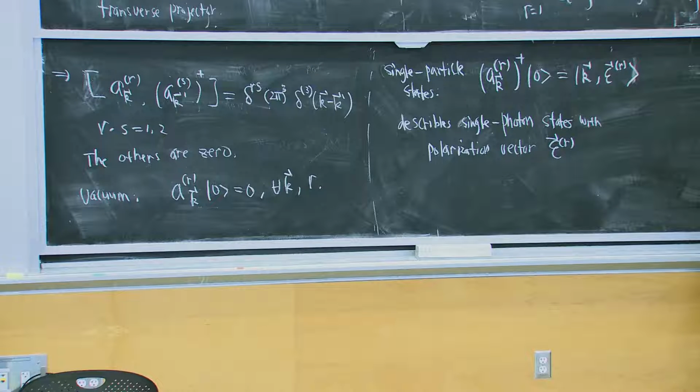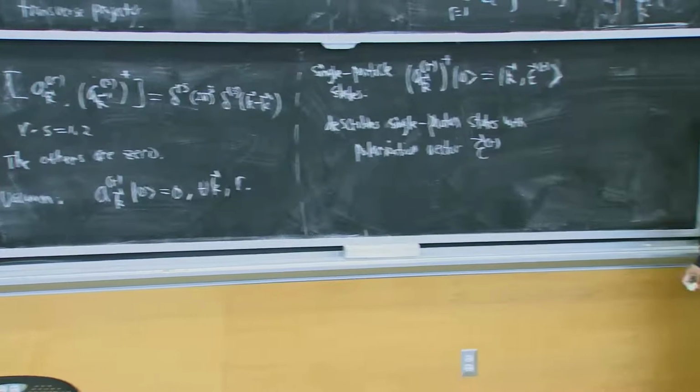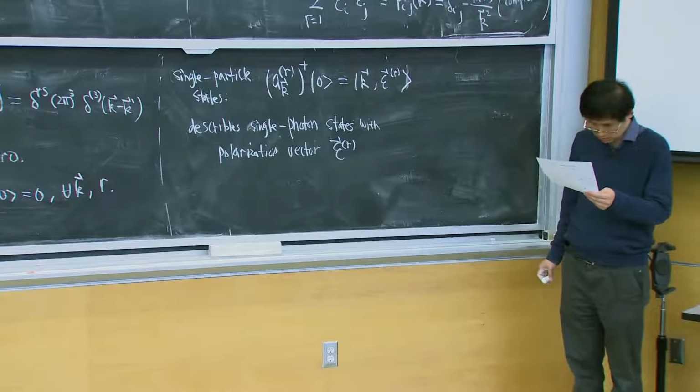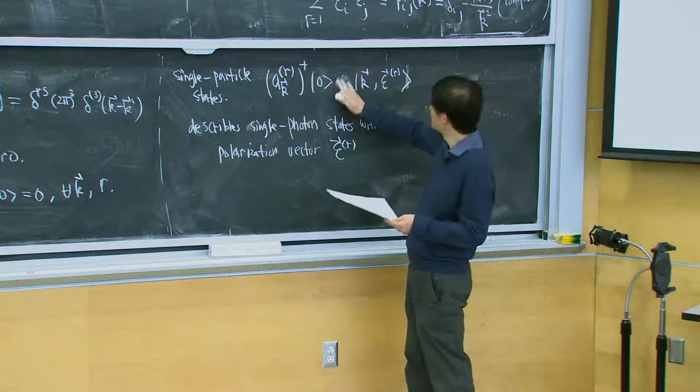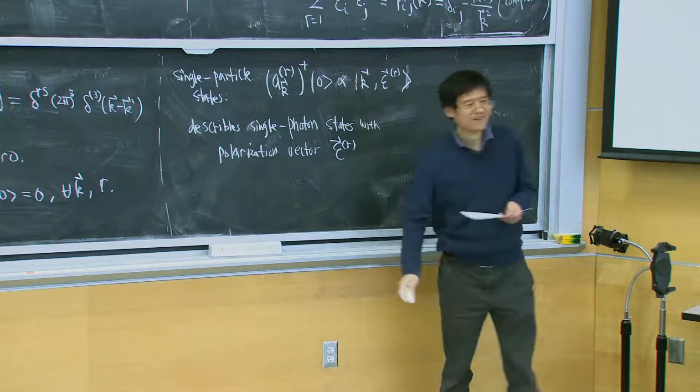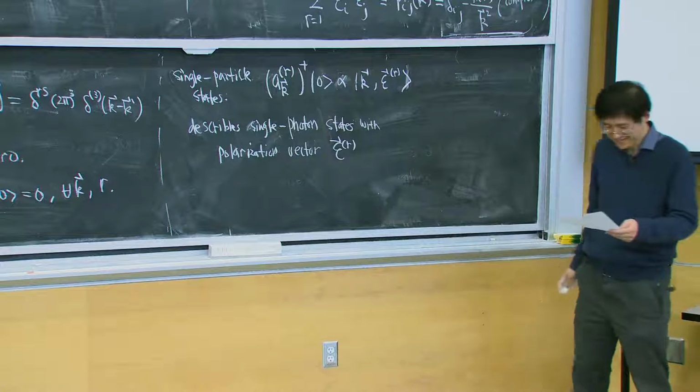Should there be some normalization, like square root of 2 or something like that? Yeah, I believe so. Let me just put the proportionality. Right. Yeah. Thank you.